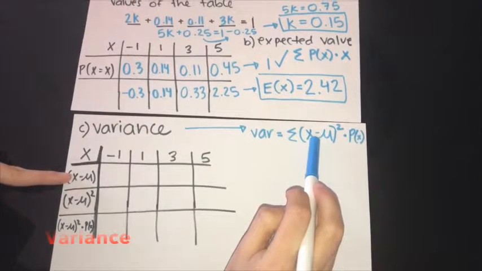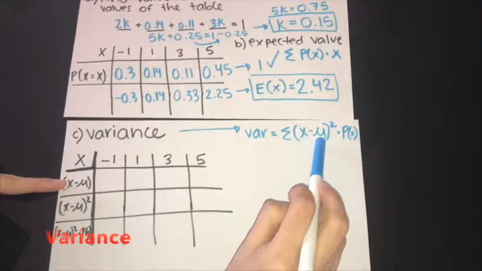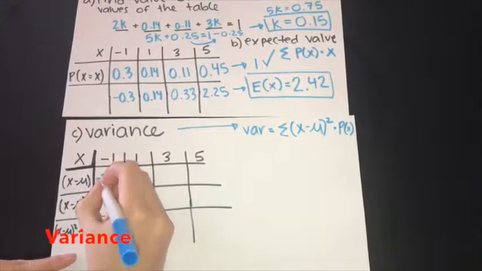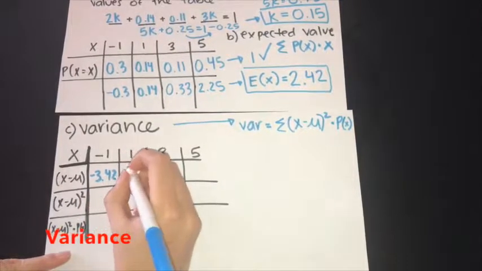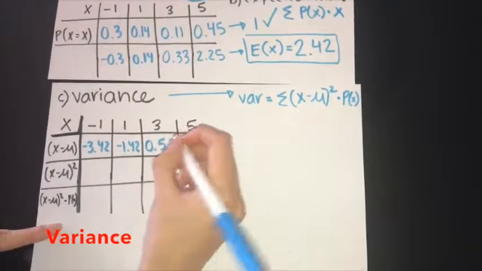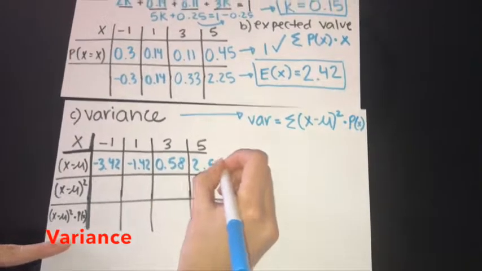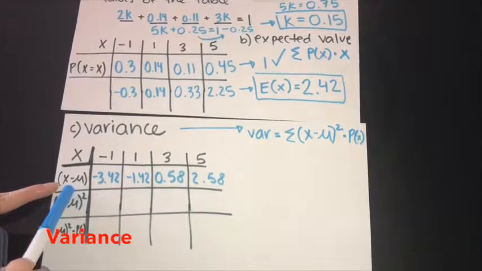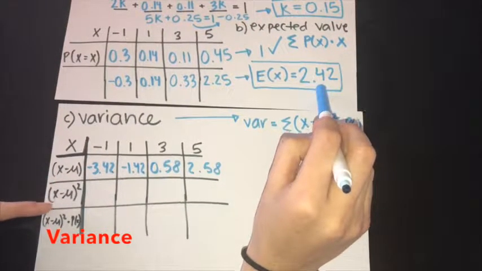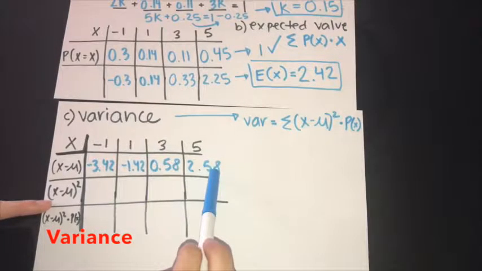We just need to find the x minus the expected value squared. This is negative 3.42, negative 1.42, 0.58, and 2.58. To do this, we just subtracted the x value minus this 2.42. Afterwards, we would square all of these numbers.